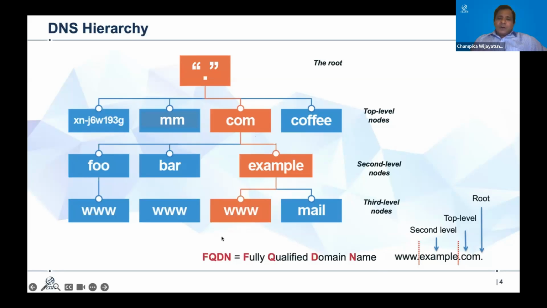Now, if you are an engineer, you also have to deal with something called FQDN. FQDN stands for fully qualified domain names, because in your configurations, when you have domain names, you have to specify those domain names as fully qualified domain names, because you need to specify the root as well, the absolute path.